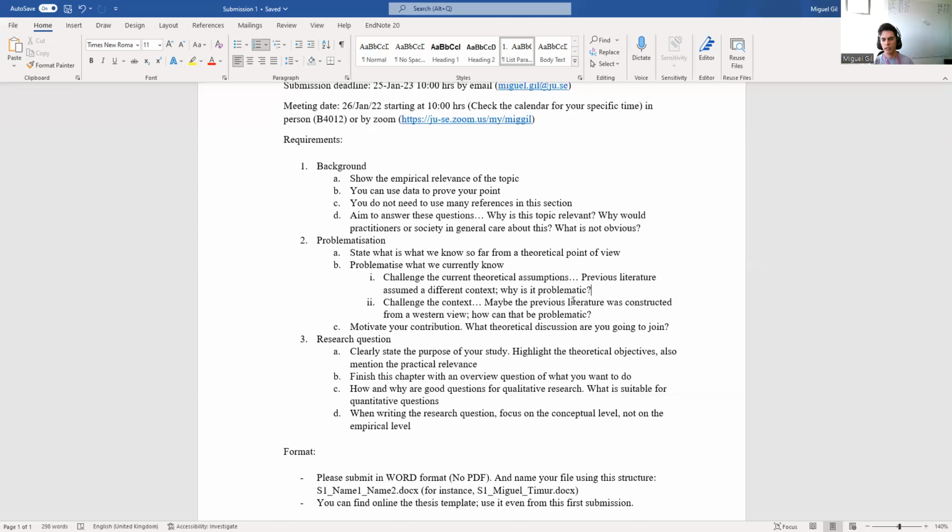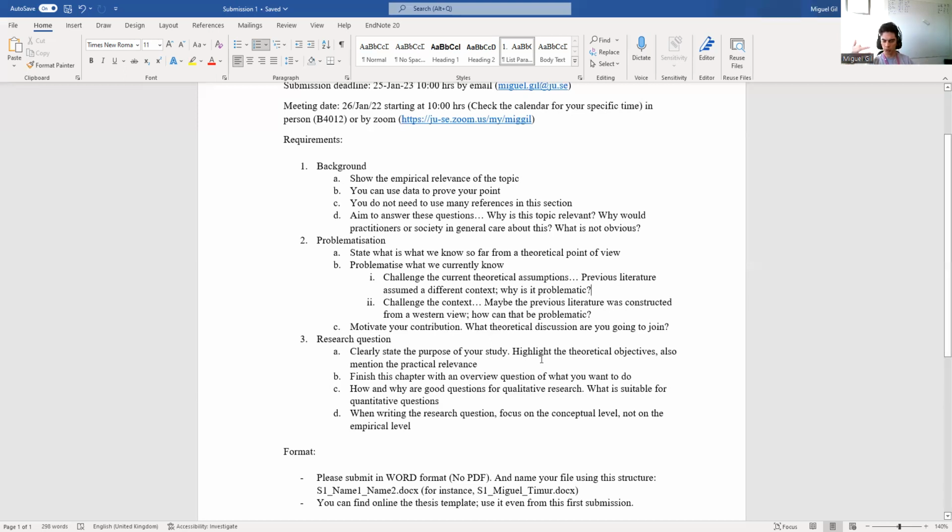So that's the thing. And finally, motivate your contribution. Here you can highlight where your expected contributions are, like the contribution of this thesis goes on, for example, the conceptualization of technology or the conceptualization of performance. You can highlight that.